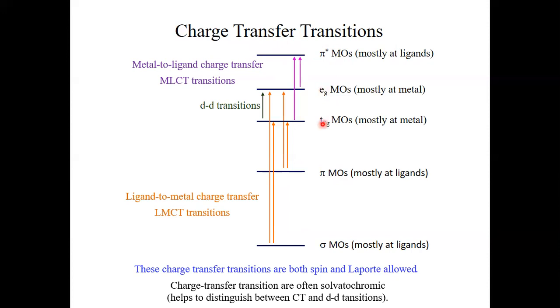Not so much the t2g and the eg metal orbitals, because the metal is located at the center of the complex, which is not directly in contact with the solvent.